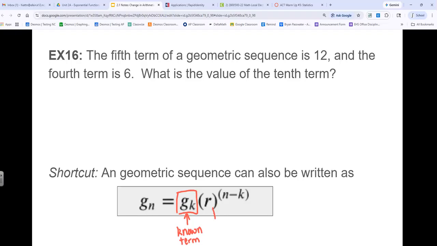And then you multiply by your common ratio, which is the set number that you're multiplying by there, and raise that to the difference between the term you know and the term that you're looking for there. All right, questions?